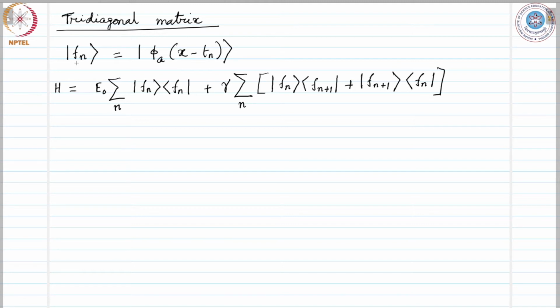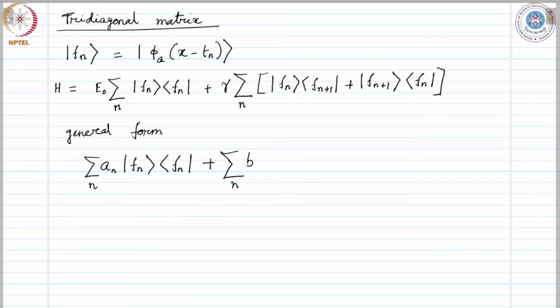So, the general form of this tridiagonal Hamiltonian is, instead of E naught and gamma, we will write just a generic representation, sum over n An Fn Fn plus sum over n Bn Fn Fn plus 1 plus Fn plus 1 Fn, with appropriate values of the diagonal and off diagonal matrix elements An and Bn.